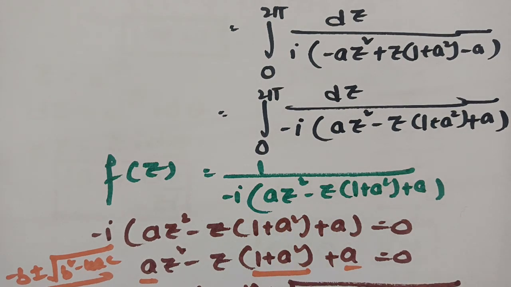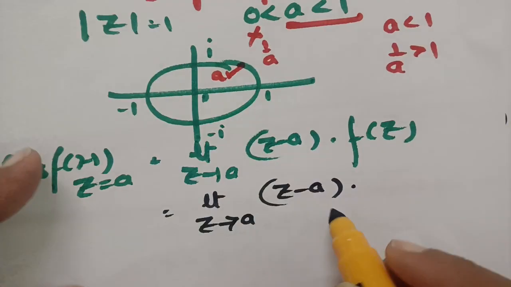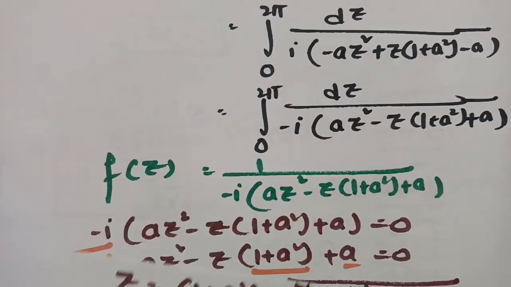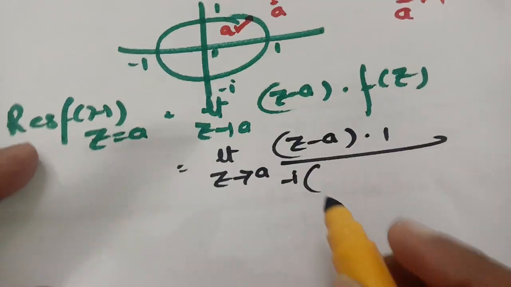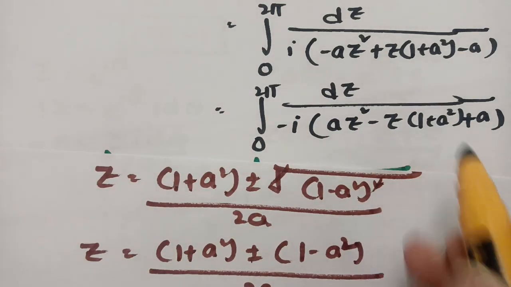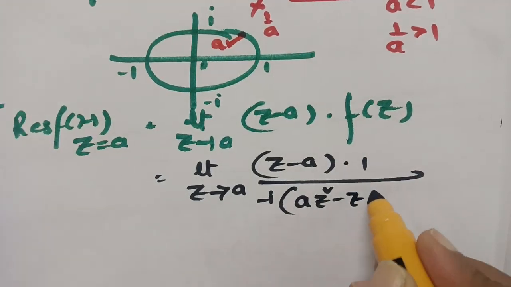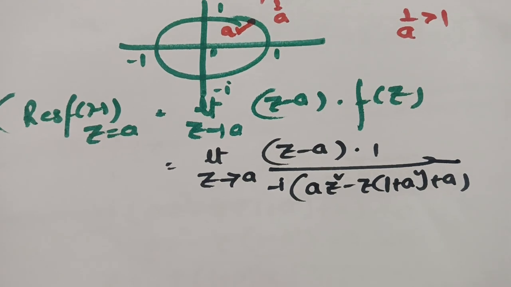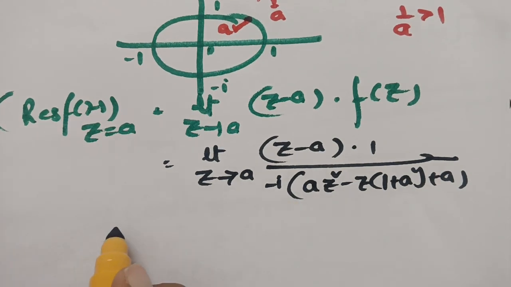See here, this is 1 by minus i times of minus a z square plus z into (1 plus a square) minus a. Clear? And now I am going to substitute.